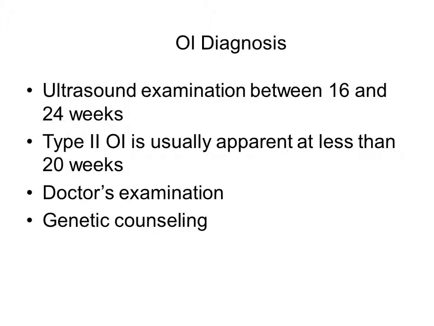How doctors do their exam also has to do with looking at the type of fracture that's involved. We've talked before about how greenstick fractures occur, where only one side of the bone is broken and the other side is bowed. This is something that's very, very common with osteogenesis imperfecta.